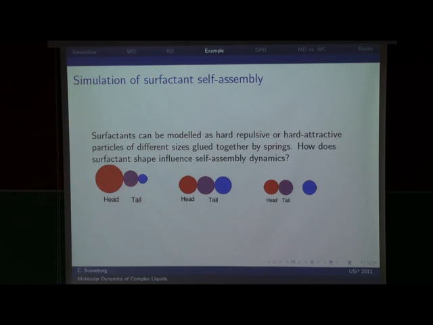So again, this is essentially the same simulation as before, with two different types of particles, except now they're not free to move and make spinodal decomposition. They somehow have to minimize the energy subject to their molecular constraint. And of course what they're going to do is assemble into micelles. So this is surfactant self-assembly.